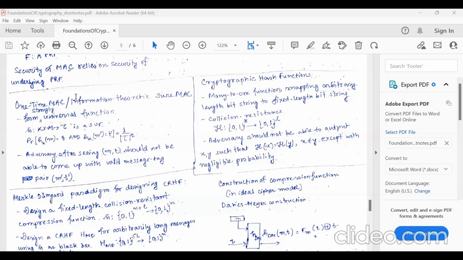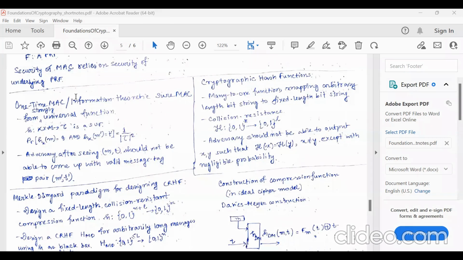This is another primitive where we say that H, which maps from key space K and message space M to tag space T, is called a strongly universal function only if the probability that Hk of M equals T and Hk of M dash equals T dash, these two are completely independent events of each other. The probability that Hk of M is equal to T will happen only with probability 1 by size of tau, where tau is the tag space.